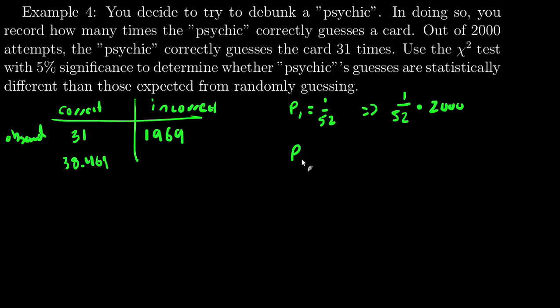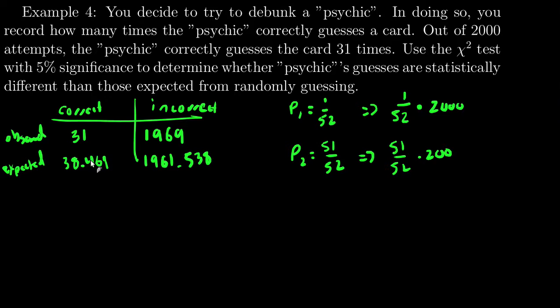Now, the probability of being incorrect is the rest, 51 out of 52. 51 out of 52 times 2,000 gives me approximately 1,961.538. So this is the expected.